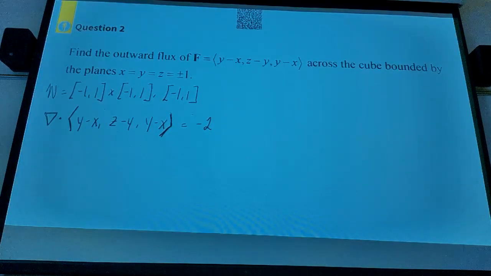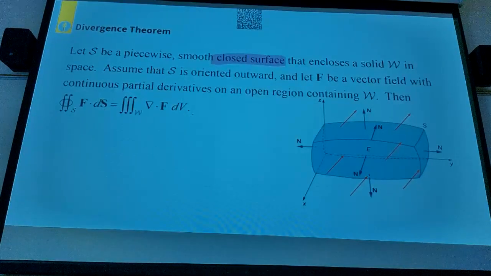And again, point out, for divergence theorem, not only does it have to be a closed surface, it has to be oriented outwards, with outward pointing normal vectors.